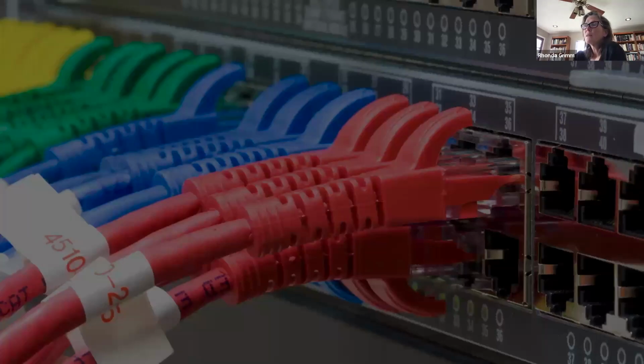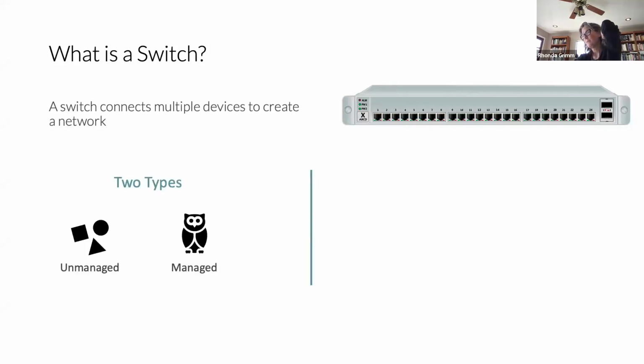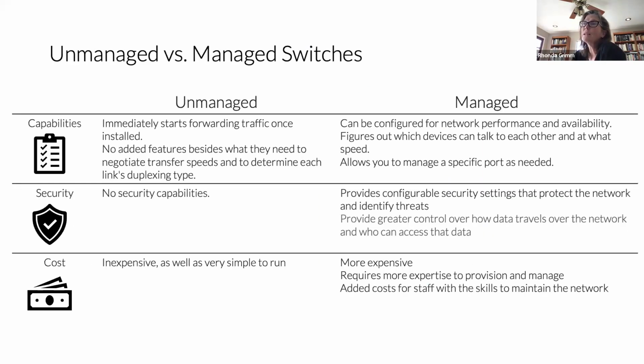Switches, we'll touch on switches real quick. A switch basically connects a bunch of devices together to create a network. And there's two types. There's unmanaged and there's managed. And they differ, of course, with capability, security, cost, and complexity. So when you look at unmanaged switches, they're basic.